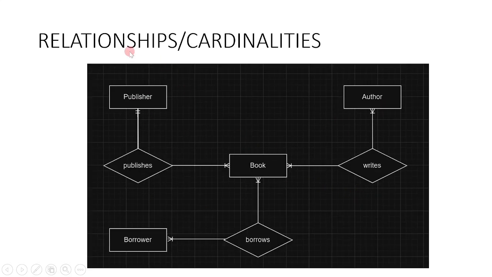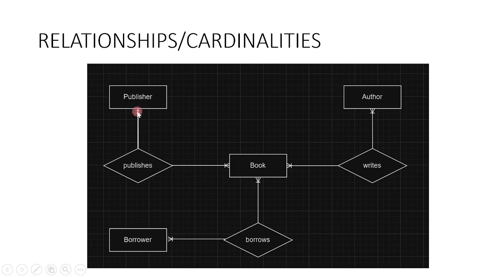Then we have the relationships and cardinalities among our entities. Publisher publishes books. By the way, you could just use one here. I was actually too lazy to find the one symbol.